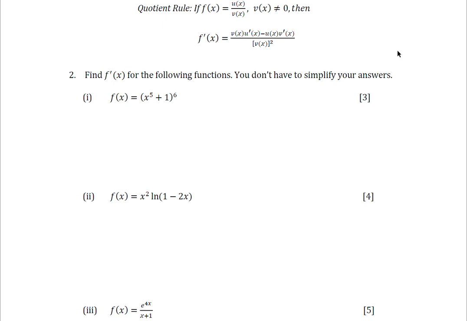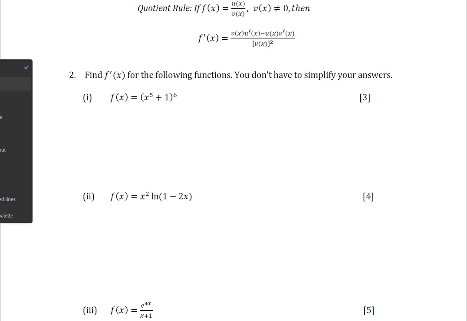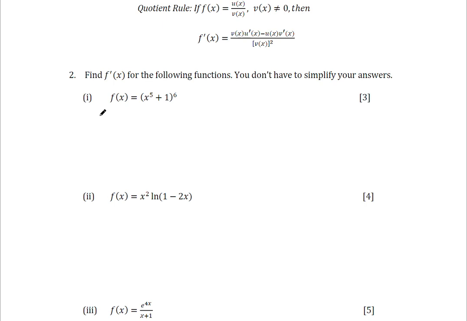In this particular lesson, we will be applying various rules of differentiation to solve problems, including the chain rule, the product rule, and the quotient rule. Here we are told to find f prime x, which is the first derivative of the given functions. So let's go about solving these problems.